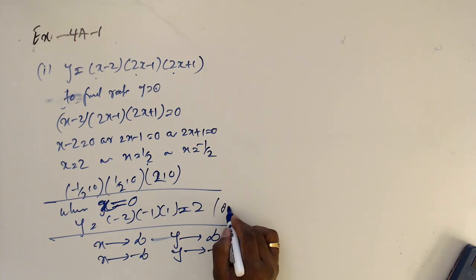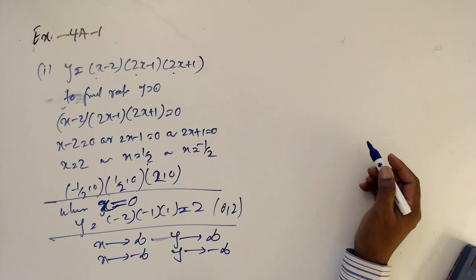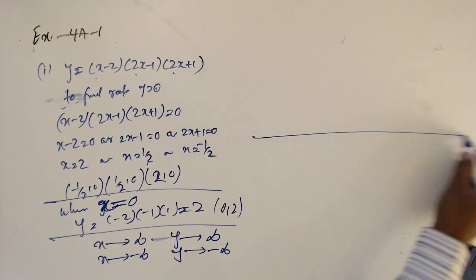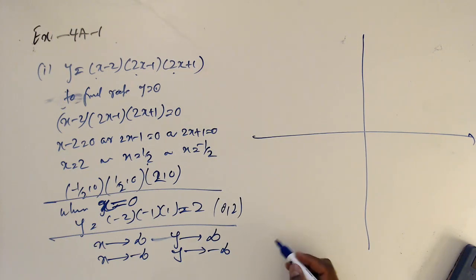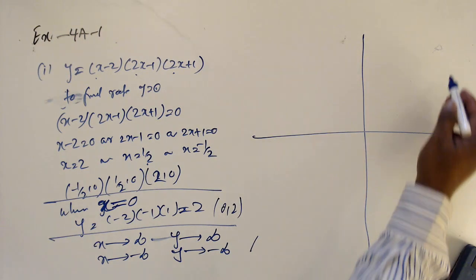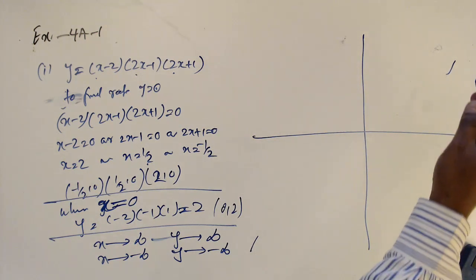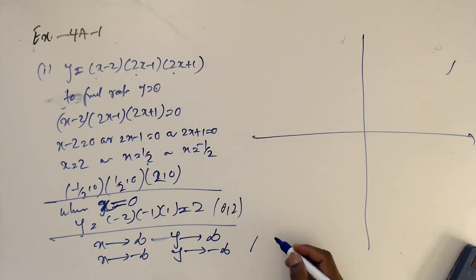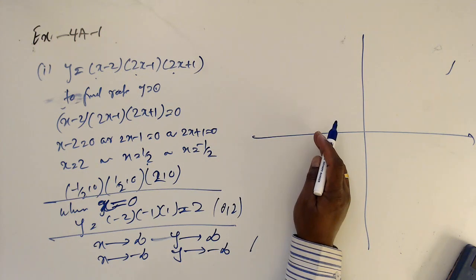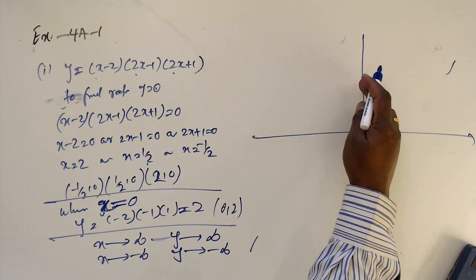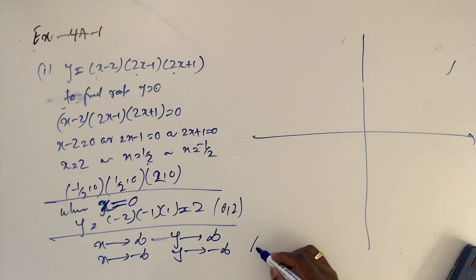So this is (0, 2). This is the start, this is the end. So I'm going to go through from here, minus half, then (0, 2), and this one.